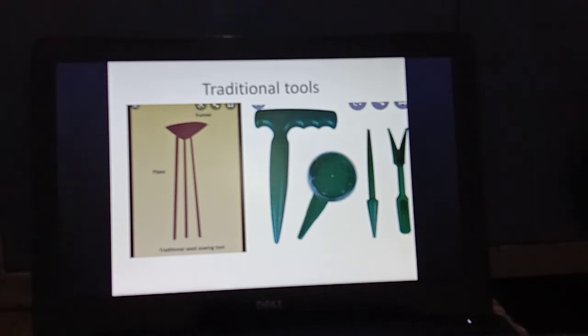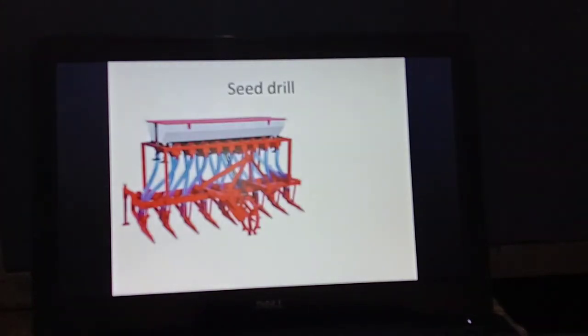Now the next method, that is the seed drill. The mechanism involved in the seed drill is very similar to the traditional tool, but the efficiency is higher. The seed drill is connected to a tractor and has many tubes leading to the plow. This method saves time and labor and is more efficient than the traditional tool.